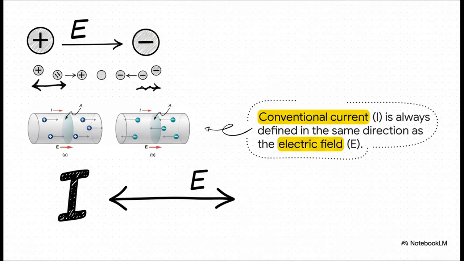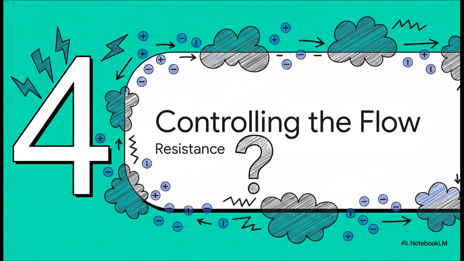A stream of negative charges moving to the left is electrically equivalent to a stream of positive charges moving to the right. So we still define the conventional current I as pointing to the right, in the same direction as the E field. This gives us one consistent direction for current, and it makes all the math and diagrams so much cleaner.